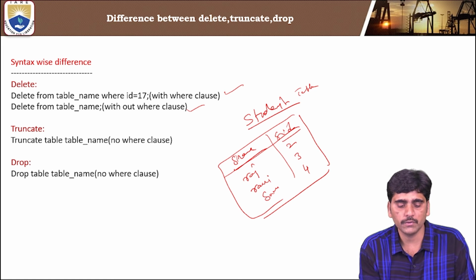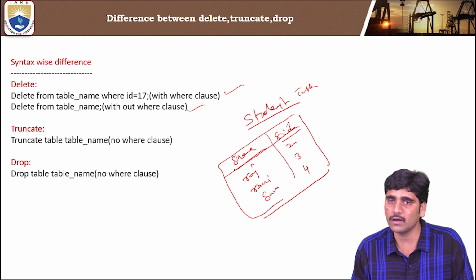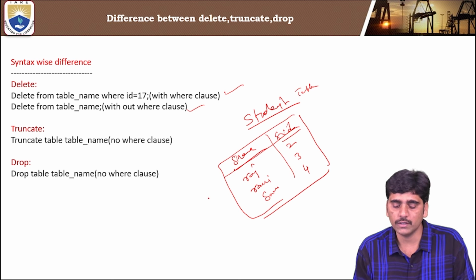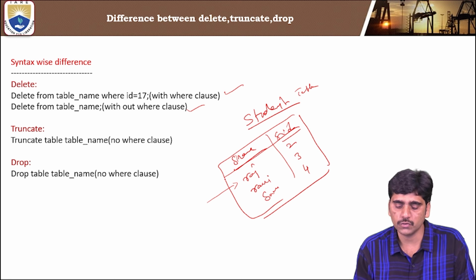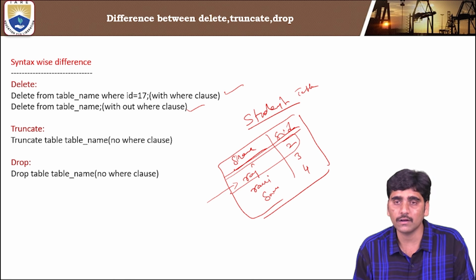Suppose you are performing with where clause, and I want to delete only the record of Raj. How do you specify it with the delete operation? With the where clause.